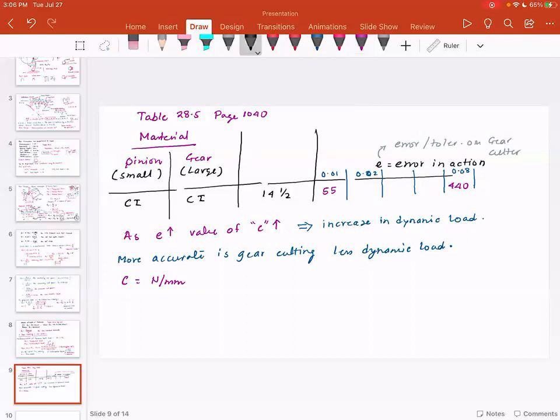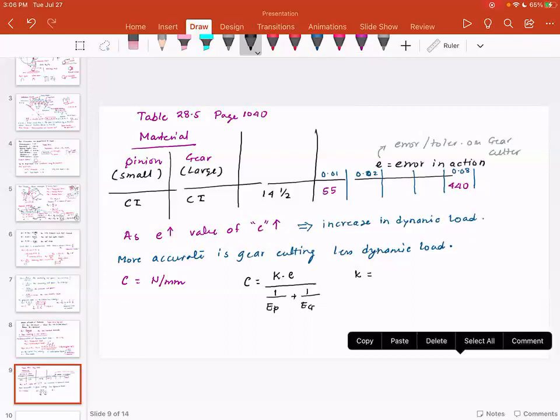The equation that can be used to find C is given as K multiplied by E divided by 1 divided by EP plus 1 divided by EG, where K is a factor that depends on the tooth form.